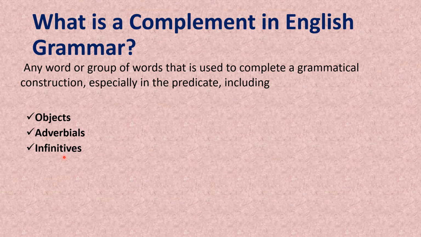In simple words, you can say that a complement is a word or a group of words which helps to complete the sentence to make it more clear and meaningful.